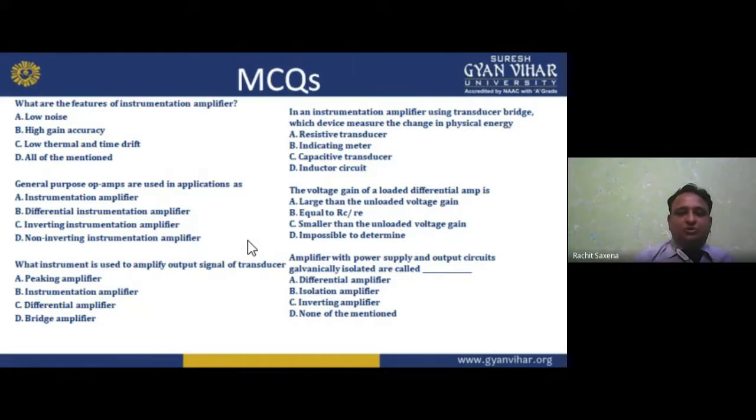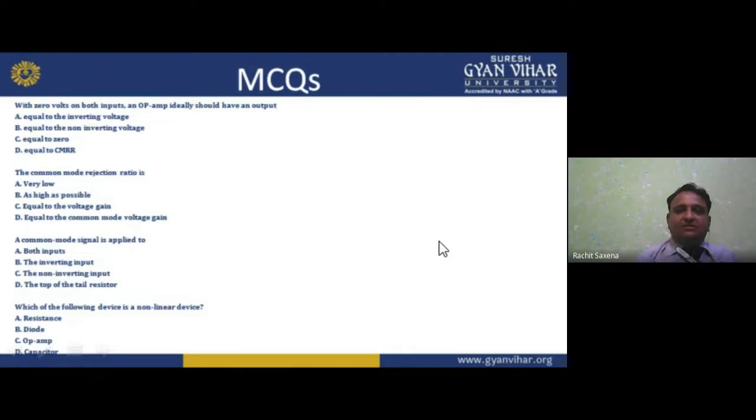An amplifier with the power supply and output circuit clearly isolated is called an isolation amplifier. Then zero input gives zero output, and common mode rejection is always high. So these are the MCQs related to this.